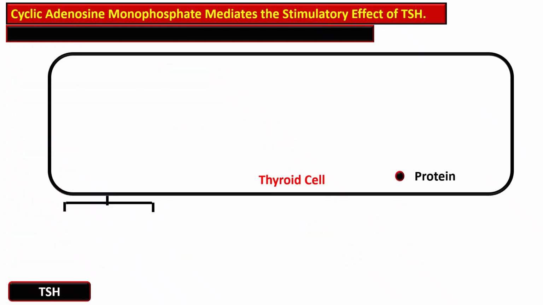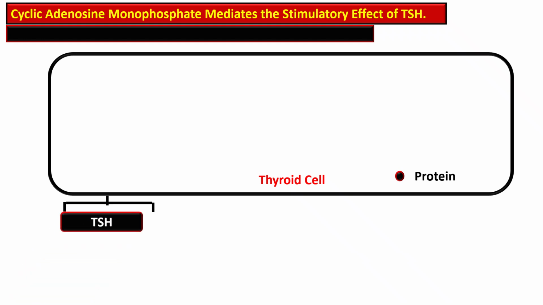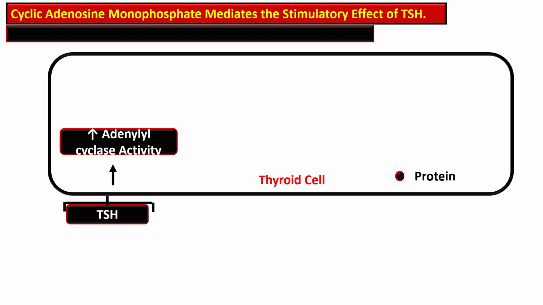What is the mechanism of TSH? The hormone binding with its receptor is the first step. This TSH receptor is located on the basal membrane of the thyroid follicular cells, and this causes the activation of adenylyl cyclase.